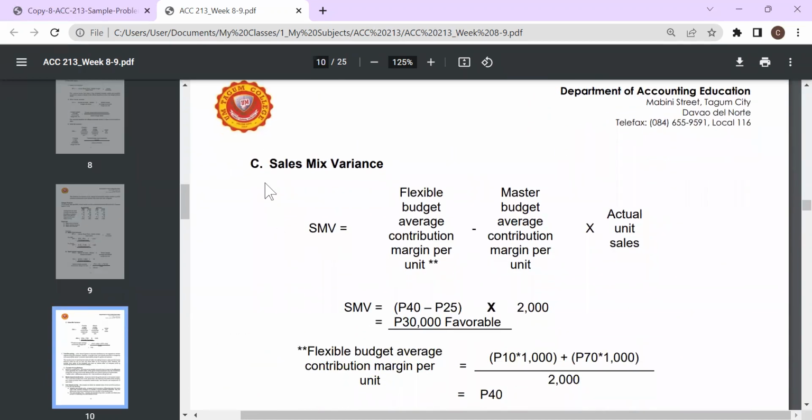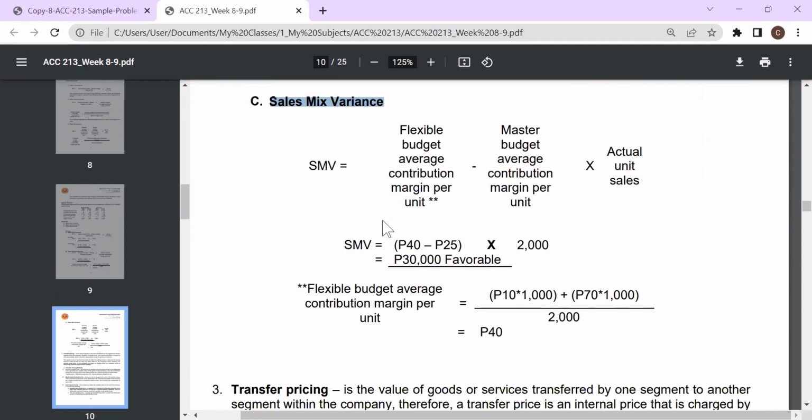Lastly, we have our sales mix variance here. So for the sales mix variance, compare muna natin yung flexible budget average contribution margin per unit and the master budget average contribution margin per unit. So this one, ito na-compute na natin kanina, it's 25 pesos, no? Whereas, ito na lang ako computein natin. So how do we compute flexible budget contribution margin?